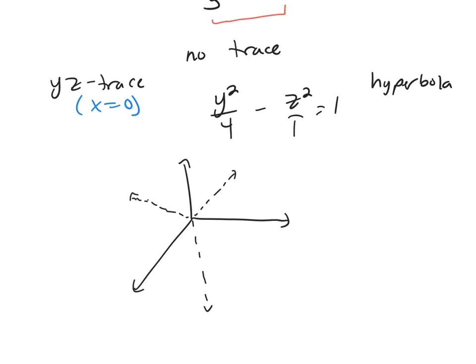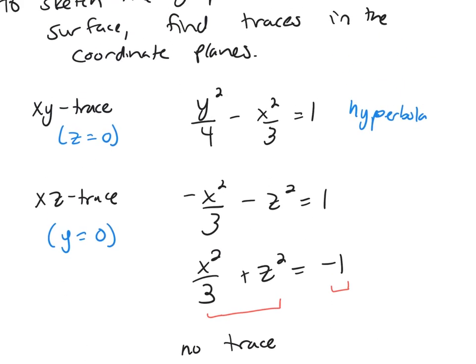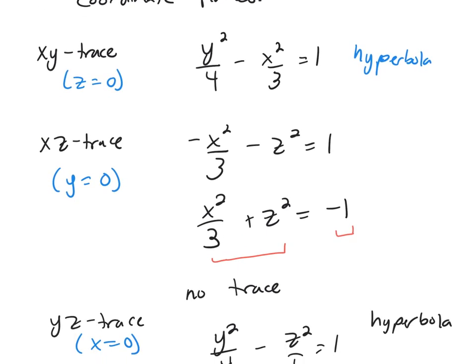Okay. So if I look back, what did I know? In the XY plane, I have hyperbolas. Let's start with the XY direction. If I look back there, I have my traces going out.